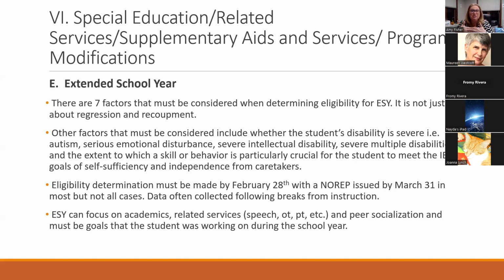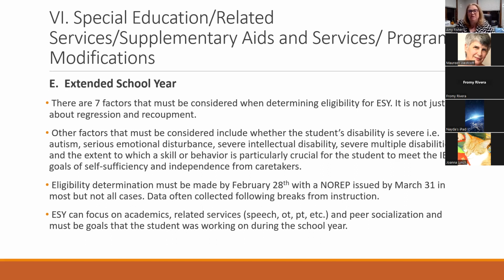And one of the 7 factors that you are supposed to consider when determining if a child is eligible for ESY is based specifically on, is there an IEP goal that's crucial to independent living? So if you don't have a goal for independent living on your IEP, then this factor is not going to come up in conversation when you're considering, does my child need ESY?